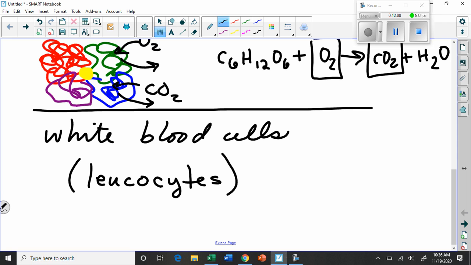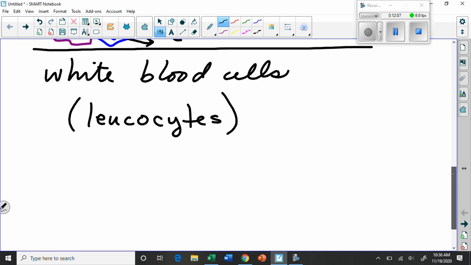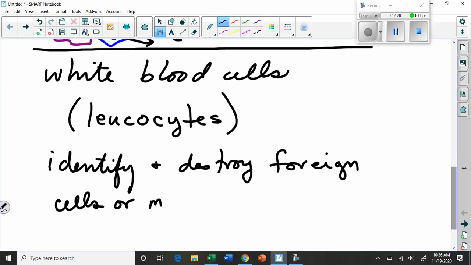But the main job that white blood cells do is they are part of our immune system. And their job is to identify and destroy foreign cells, or any kind of material for that matter.